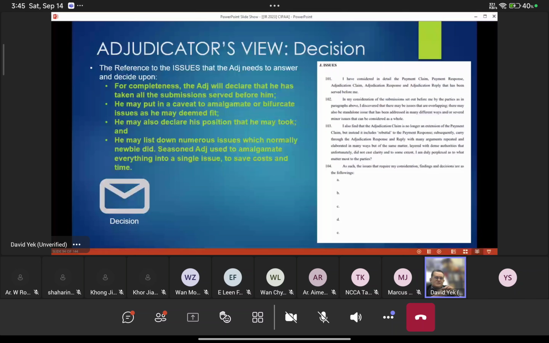It says this: the adjudicator can answer the right question wrongly, but the adjudicator cannot answer the wrong question correctly. Okay, so if the party raised this issue, he can answer it wrongly, but he cannot answer correctly an issue that was not raised by the party.